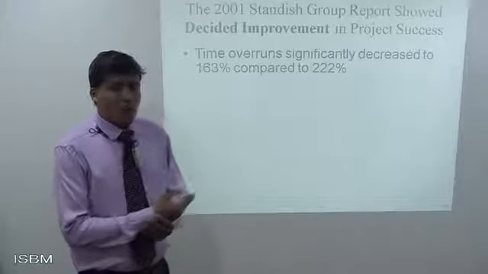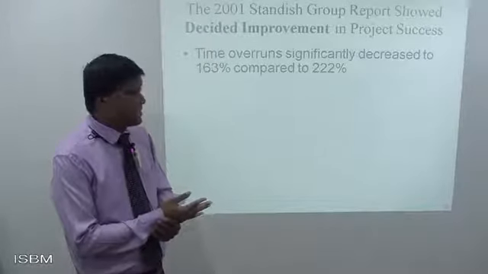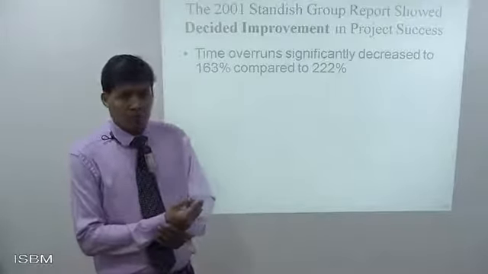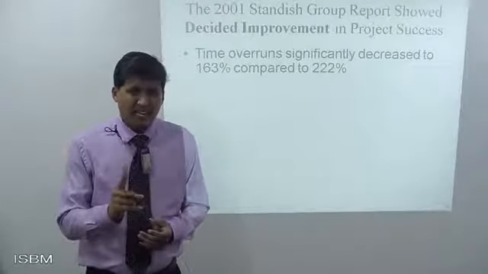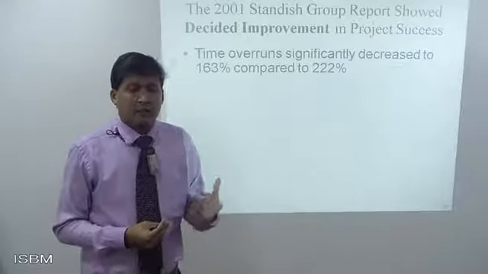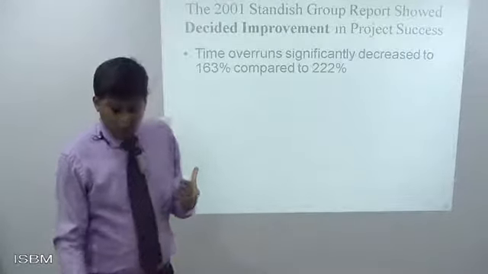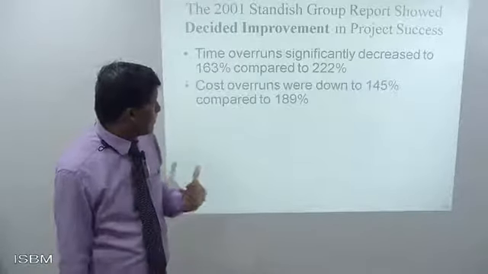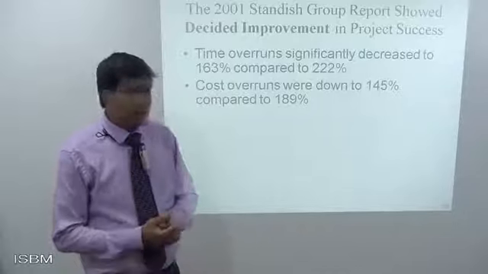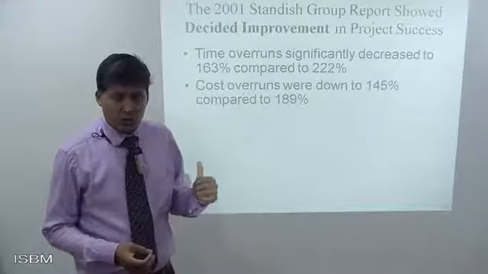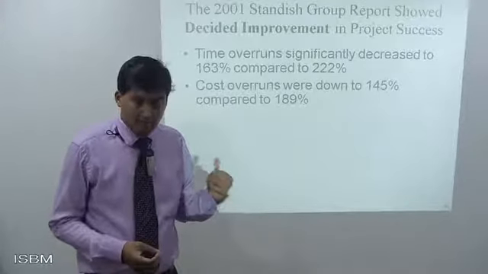Time overruns significantly decreased, from 222% to 163%. So one of the impacts of using project management was that the time delay was shortened. Even if it is small, it's important. Cost overruns were down to 125% compared to 189%. Still it was high, but it's reduced.